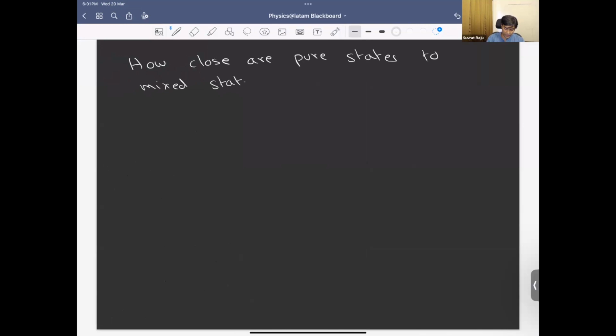It should be intuitively clear why this is related. Hawking's calculation is saying that the final state we have is a mixed state, whereas we should have got a pure state. So it makes sense, before we ask whether Hawking's calculation was precise enough, to ask how close pure states can be to mixed states.